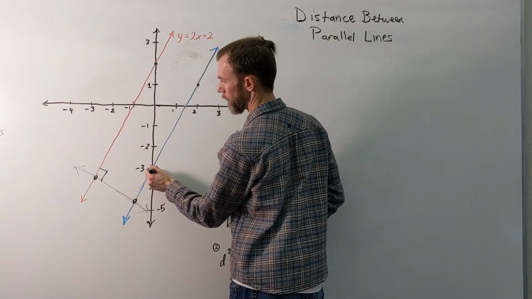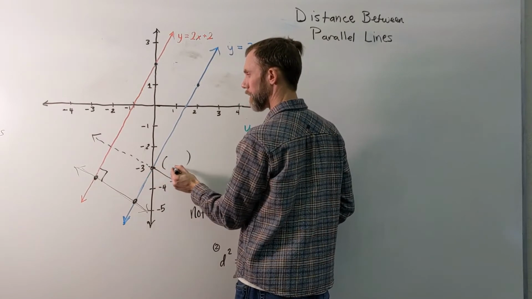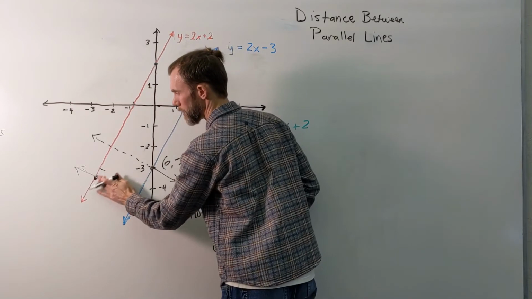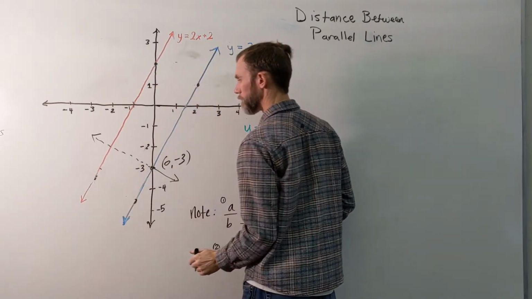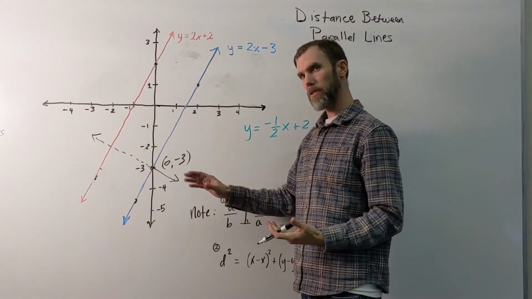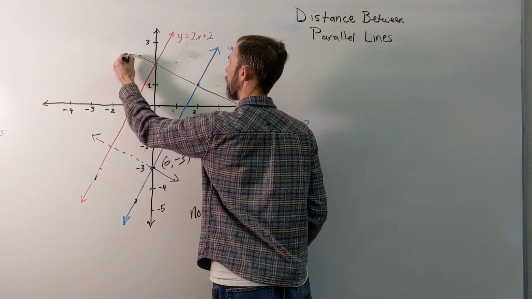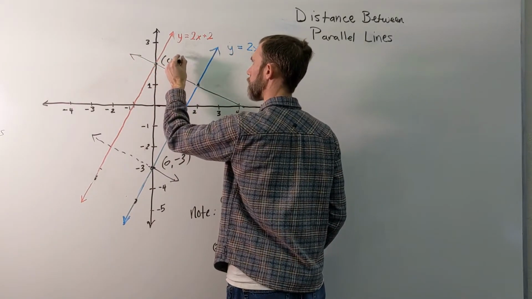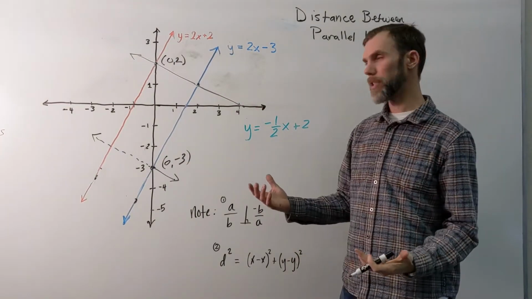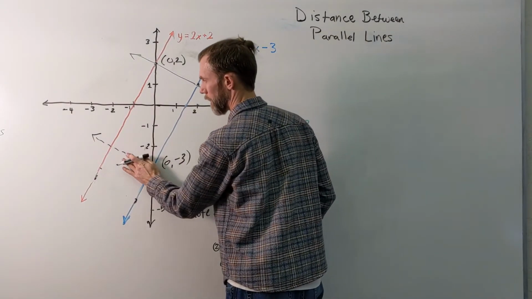So either you draw it through here, like this, because then at least you know one point is (0, -3), which would be much easier. Also, it's easier to write that equation because you already know where the y-intercept is. Or draw it up here through this point, (0, 2), and then it's much easier to solve the problem, find this equation, and wrap things up.